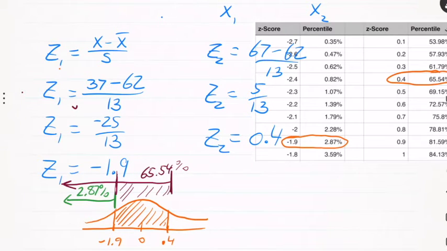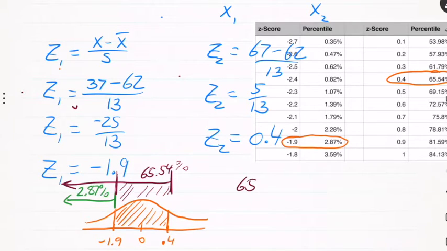So to do that, if 65.54 goes all the way to the left, and it's cut off by 2.87, then to find the percent between these two percentages, we're just going to subtract.